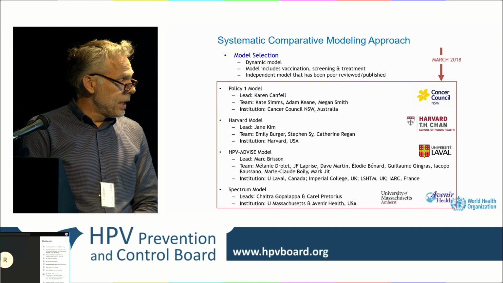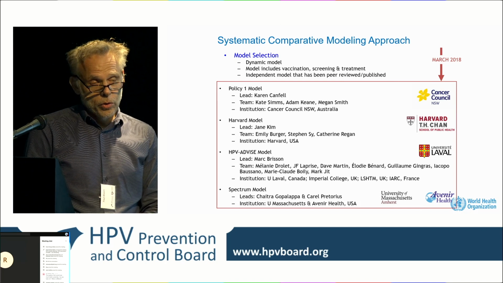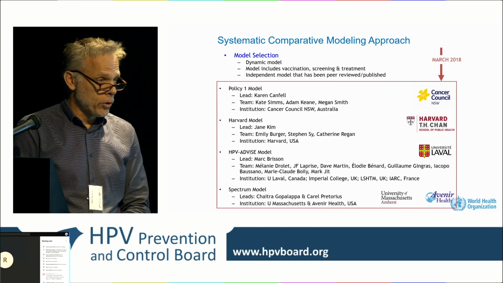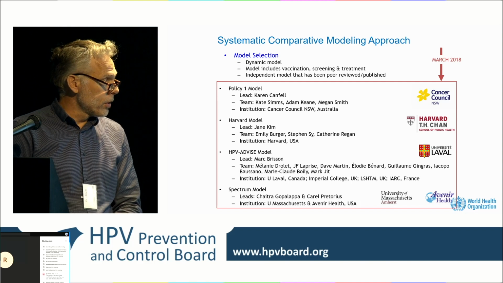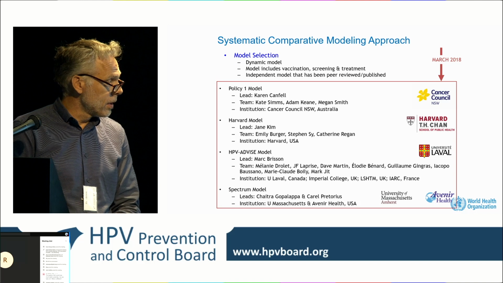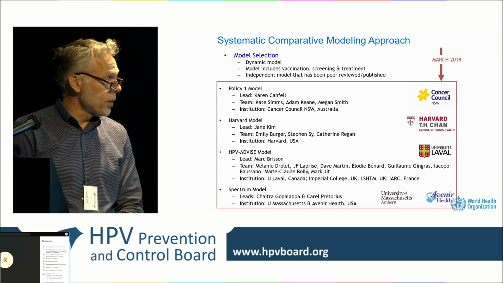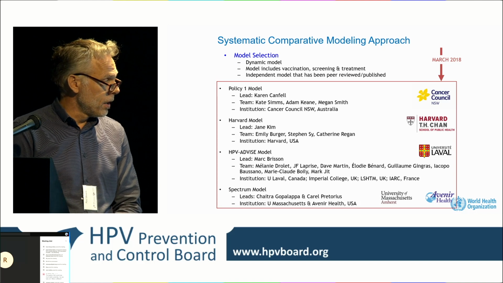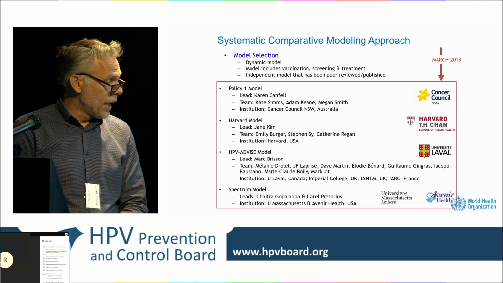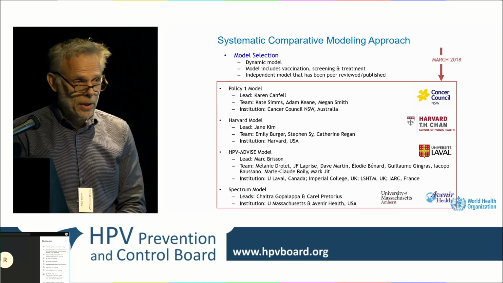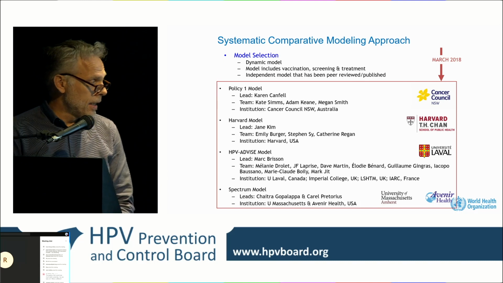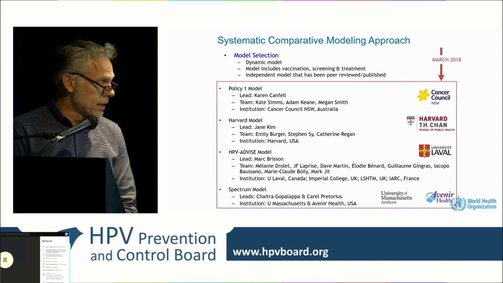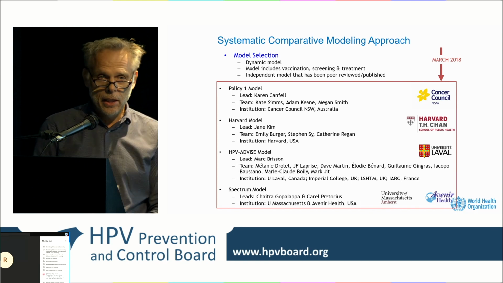So one thing we did was invite all the groups that had models that could look at this issue. There were 3 main models that came forward. Number one, the Policy model from Australia; the Harvard model by Jane Kim and others; and the Papillomavirus model we heard about yesterday by Marc Brisson from Canada. And then there was the Spectrum model, which particularly looks at HIV.